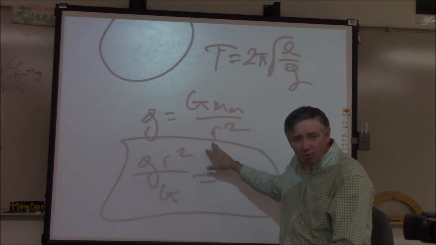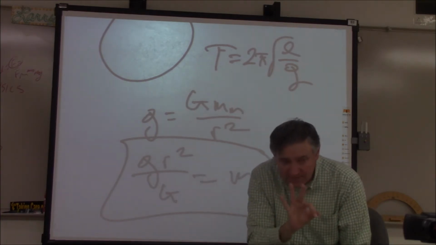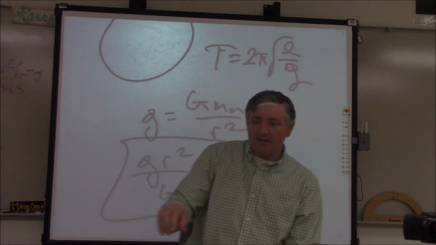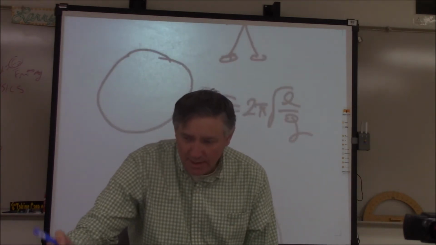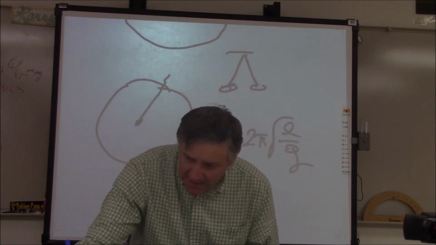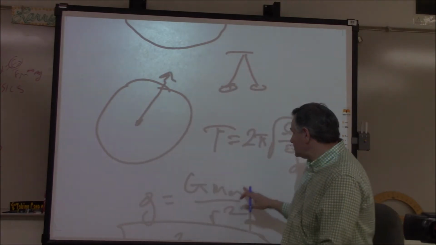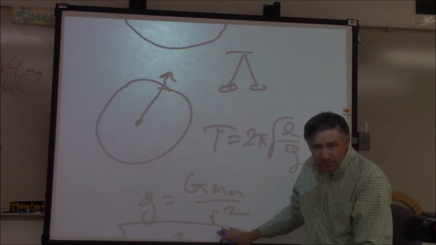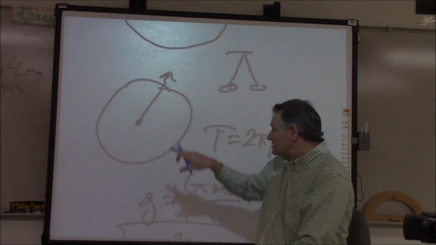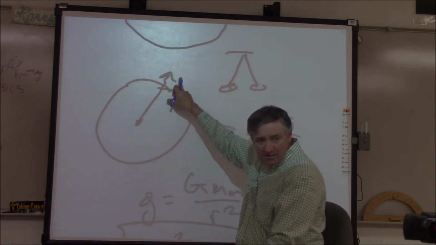Now, here's what's important, and you're going to see this on all 3 of these equations that we're going to come up with. This radius is based upon a center, from the center of that planet out. Okay? Any radius that you're going to use is not from the surface. Any radius is from the center of that planet out to that point.